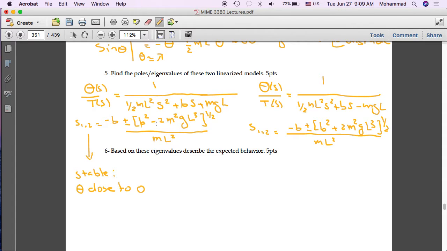Because b is going to be subtracted by something that is less than b, so it's further negative. But the plus is important. What you add to negative b is definitely less than b, so it's not able to push it to the other side. So it's going to remain negative. So it's going to be two real and negative poles, which means stable behavior.